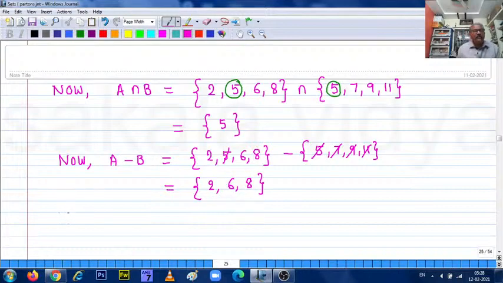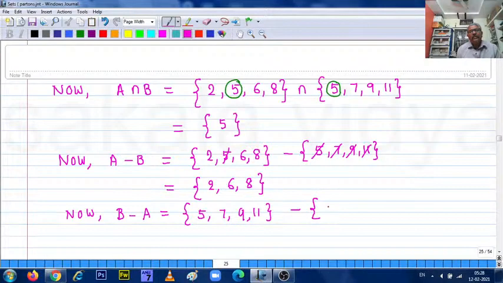Now we are asked to find B minus A. So how could you find B minus A? B is 5, 7, 9, 11 minus 2, 5, 6, 8. Only B means the common elements of both need to be cancelled.